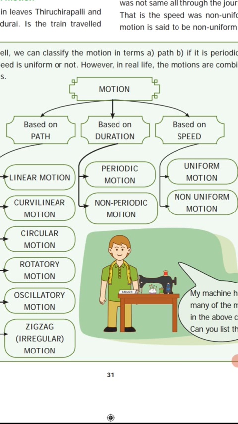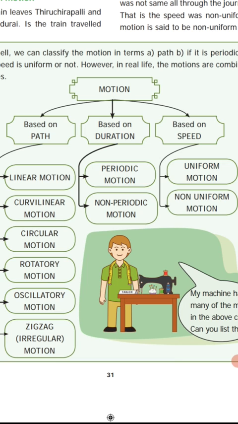The motion is divided into three groups: based on path, based on duration, and based on speed. Based on path, motion is divided into six types: linear motion, curvilinear motion, circular motion, rotatory motion, oscillatory motion, and zigzag or irregular motion.